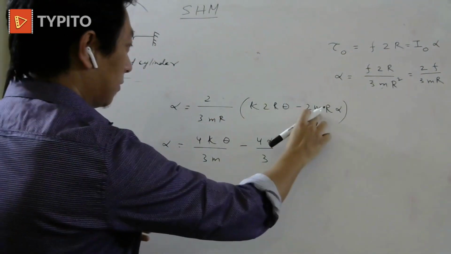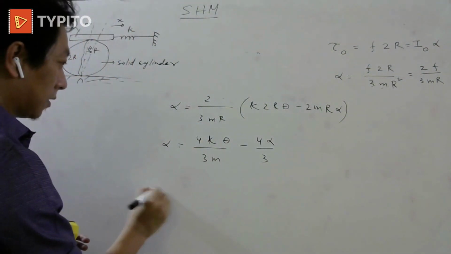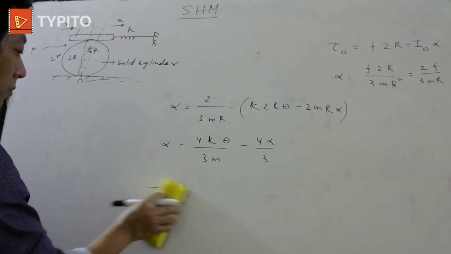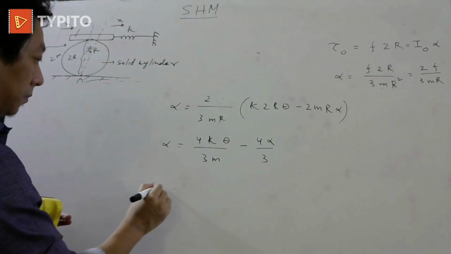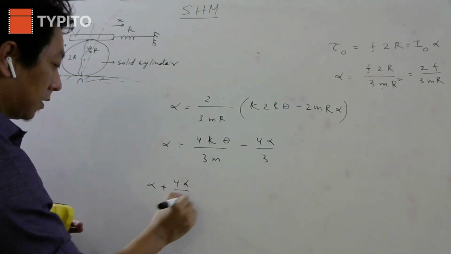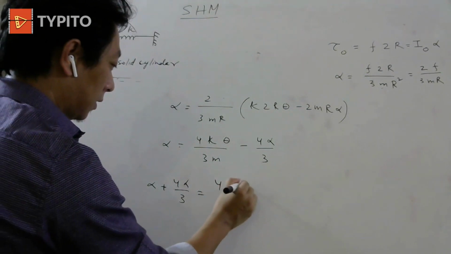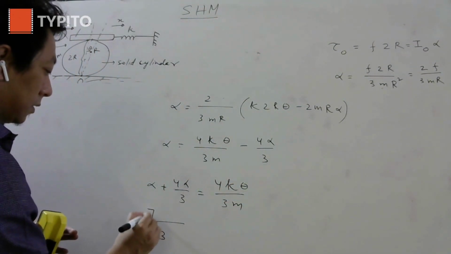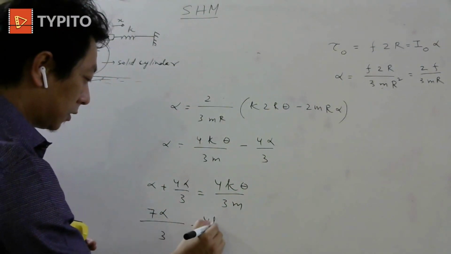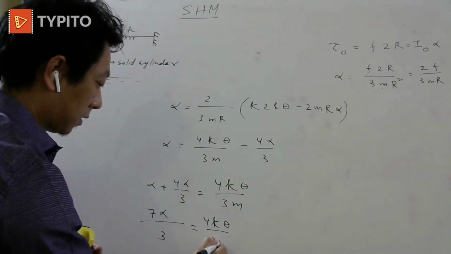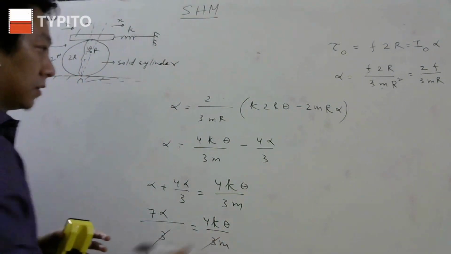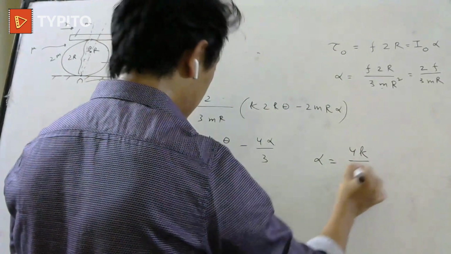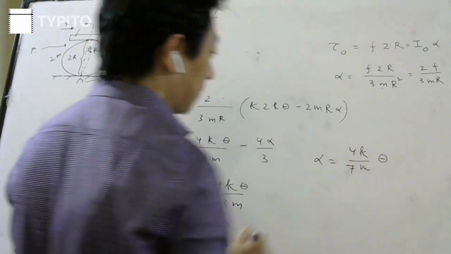So mr will cancel. Bring this side, and you will get alpha plus 4 alpha by 3 equals 4k theta by 3m. That will give you 7 alpha by 3 equals 4k theta by 3m. 3 and 3 will cancel. So alpha will be 4k theta by 7m.